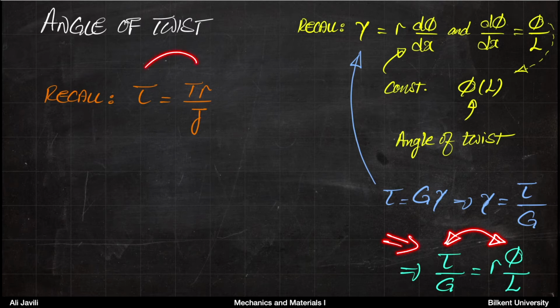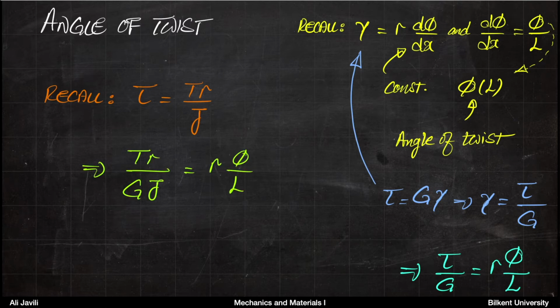You have a relation here between shear stress and torque. And basically you can imagine if you combine these two, you can cancel the shear stress itself, and then you can get a relation between torque and phi, the angle of twist, and that's exactly what you want to do.